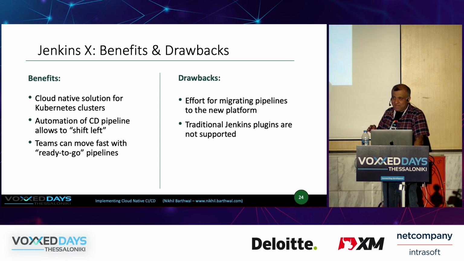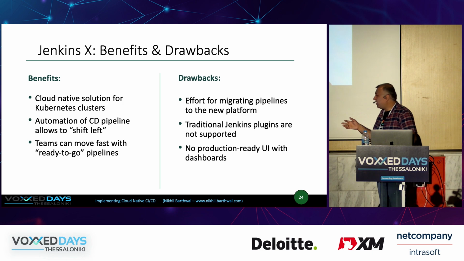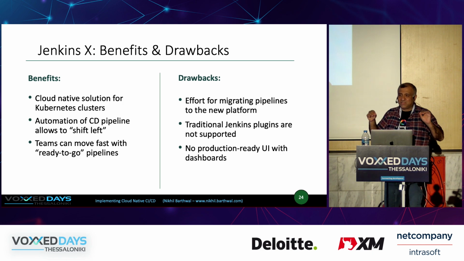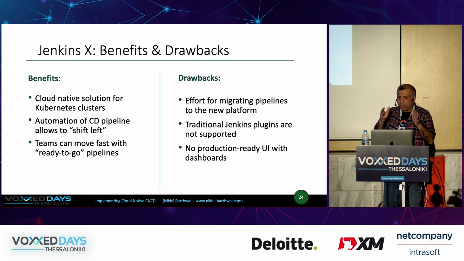And Jenkins X has a command line tool called JX, but unfortunately, and I don't know why, the UI support is not that great. I mean, you have a UI for Tekton also, you have a UI for Jenkins, but there's no official, well-supported, production-ready UI. Different people have their own UI implementations that you can download, but like I said, there's no official one.